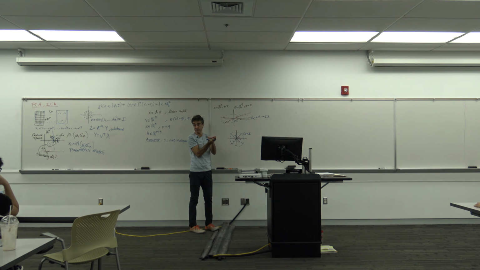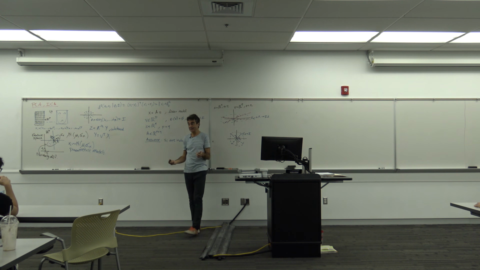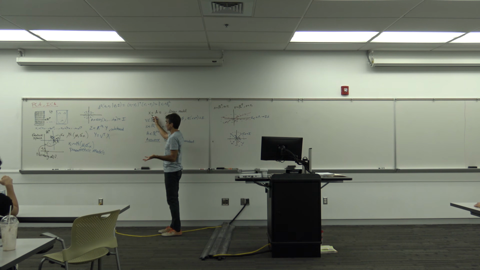So V1 is going to have the information of both this source and that source. They're going to be mixed by a matrix A. And V2 is going to have the orthographic projection of these ones, so it's also a mix of this and this source. So I'm back in the original problem.